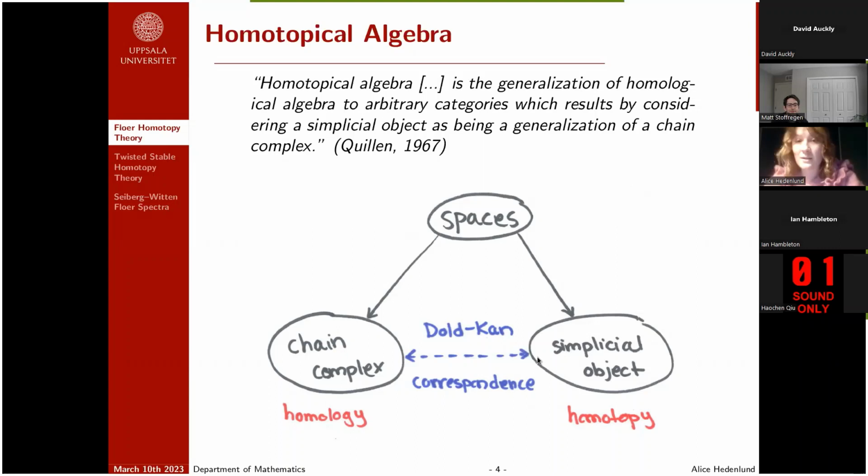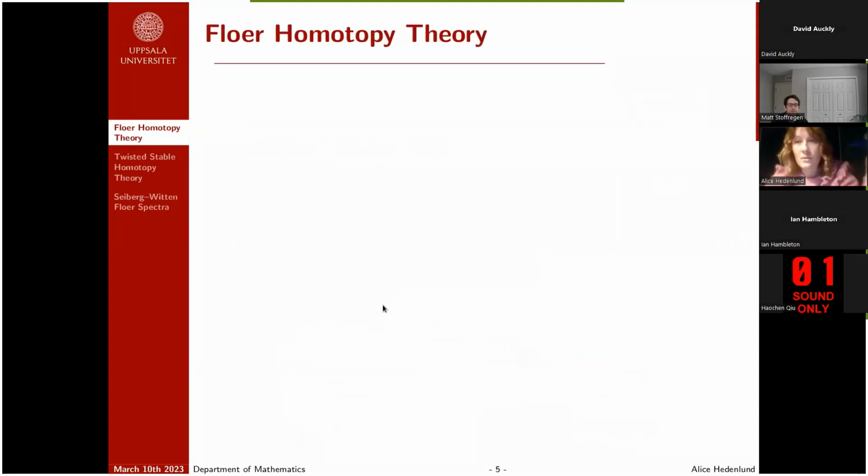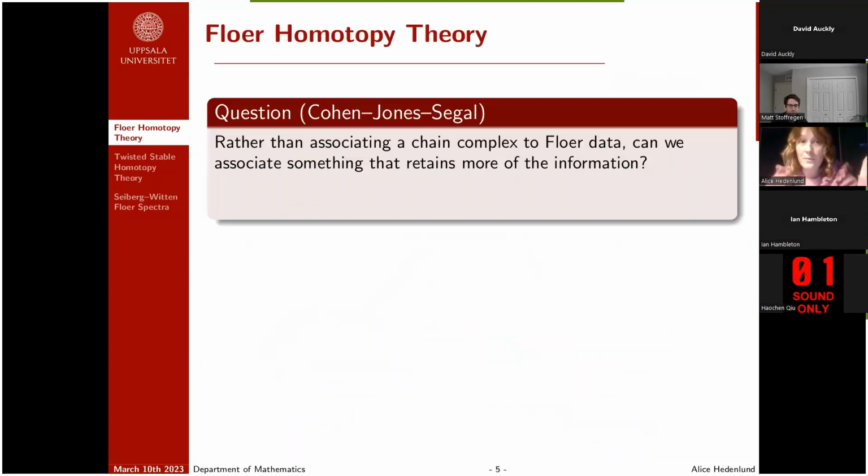But here I'm just going to say that there's some vague relationship between chain complexes and simplicial objects. And in some sense, the simplicial object will capture more of the information about our space than the chain complex does. Okay.